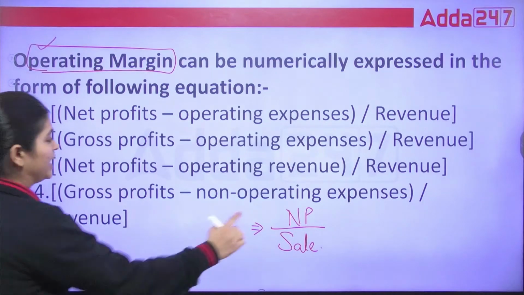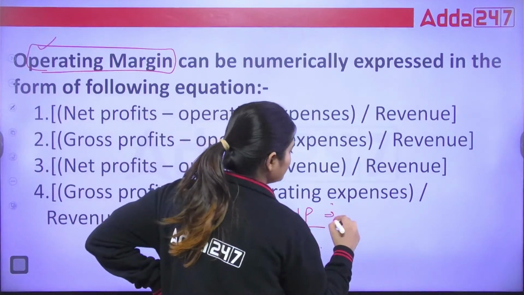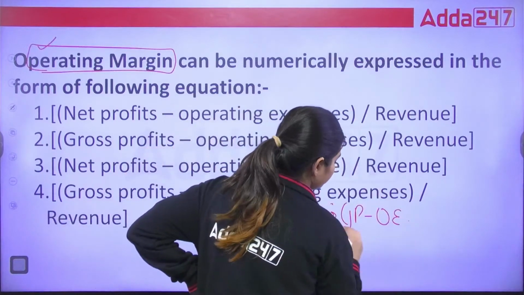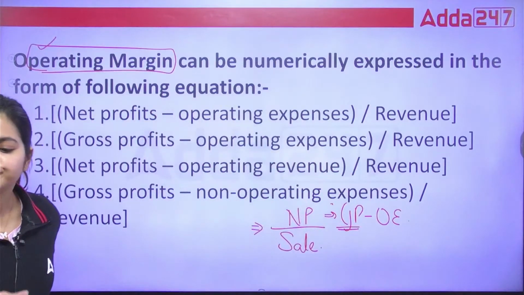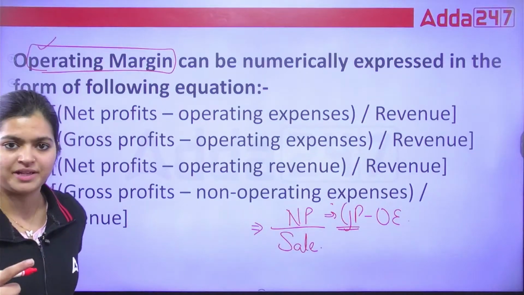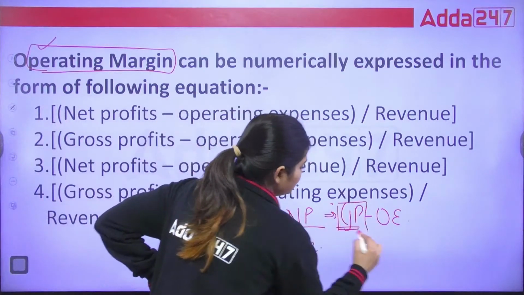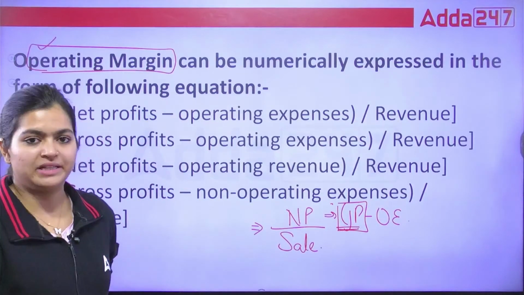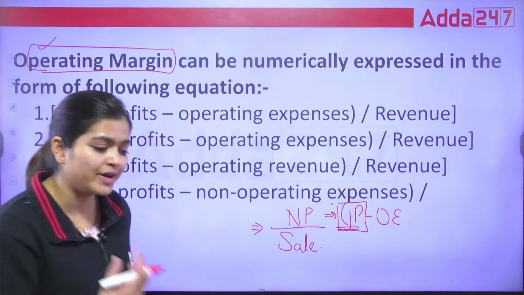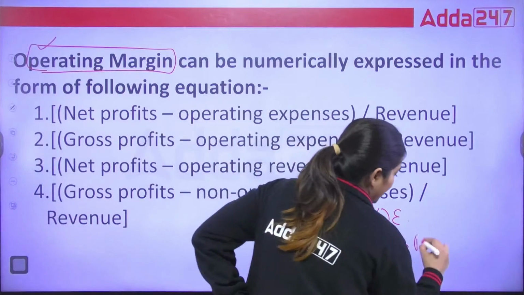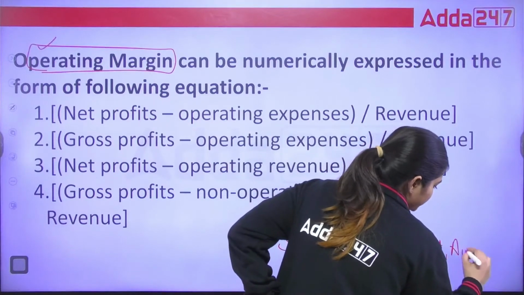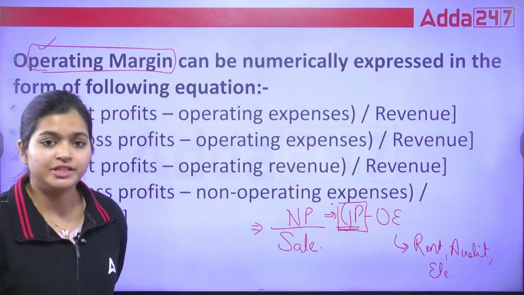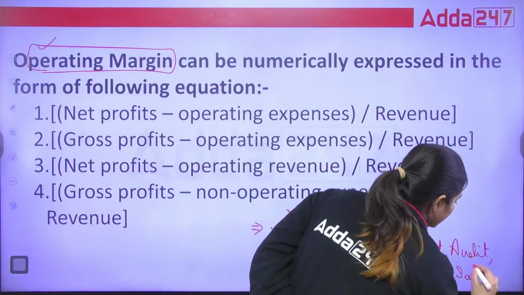For calculation of net profit, we use gross profit minus your operating expenses. After deducting all the direct expenses, we get gross profit. Finally, after gross profit, we deduct the other nominal expenses like rent, audit fees, electricity, salary.